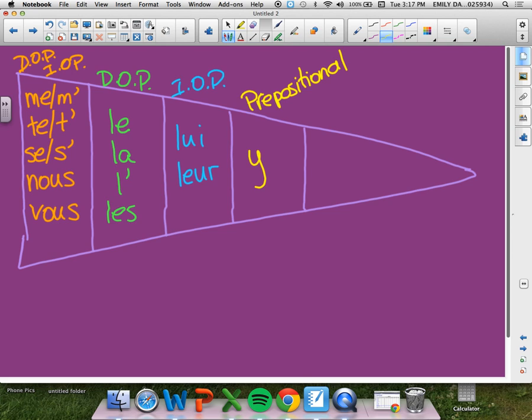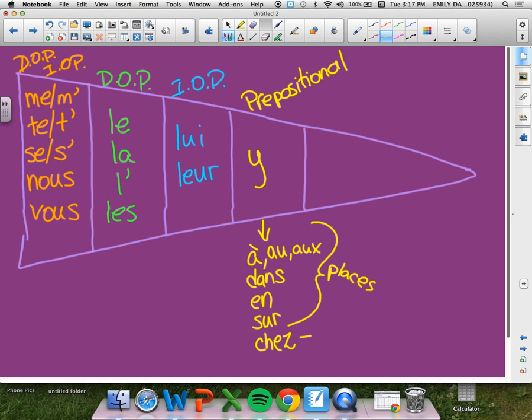So if you want to also add here your indicator words, à, dans, en, sur, and chez, if you see those words, and if these are followed by places, and this one will be followed by people or a person, you will know that you need the pronoun y. For lui and leur, you want to look for the preposition à with people.